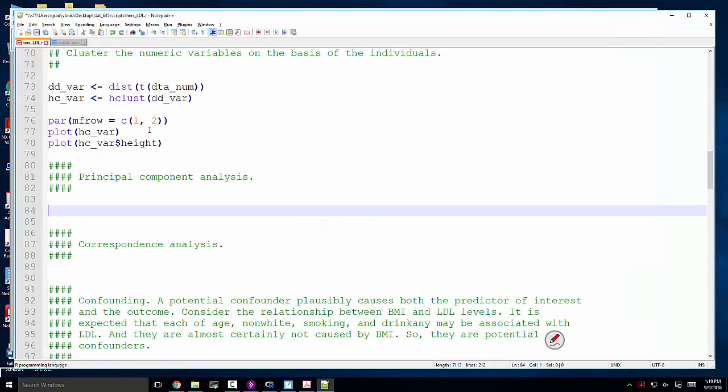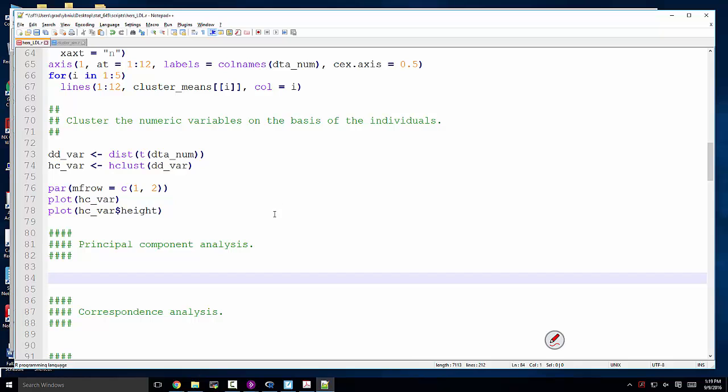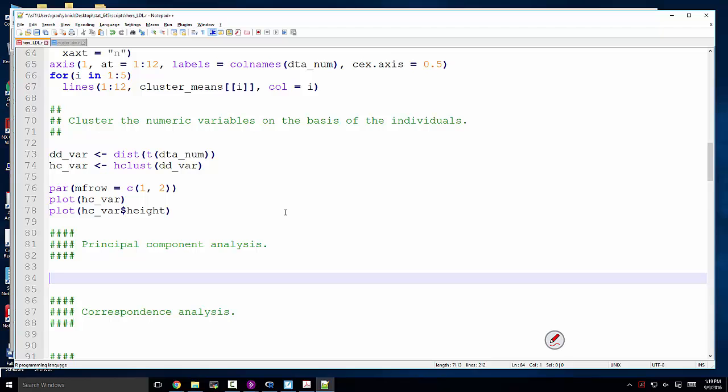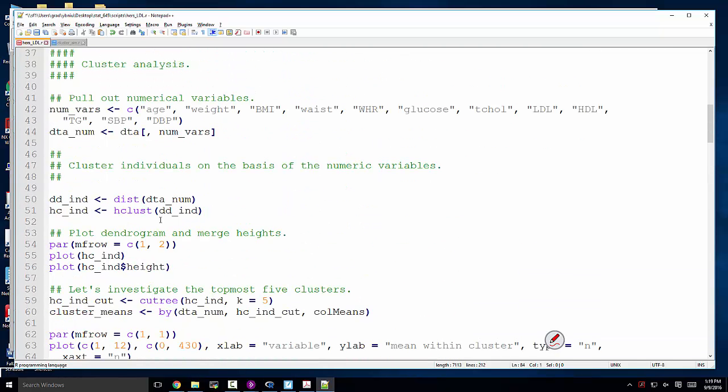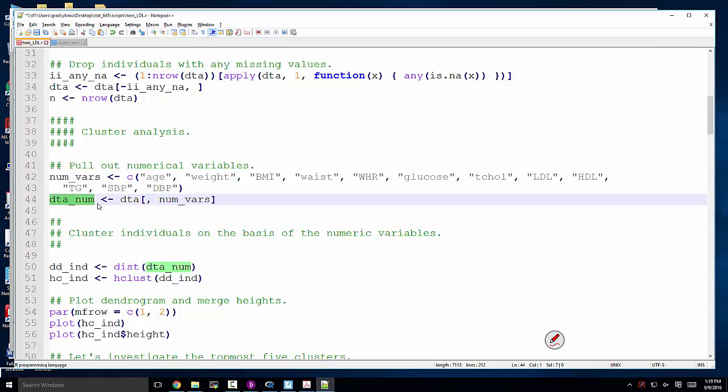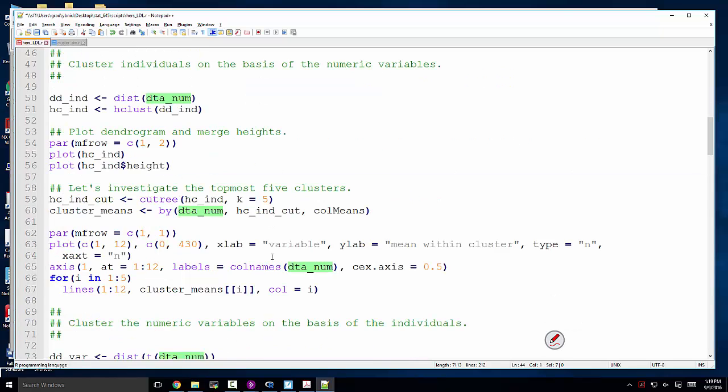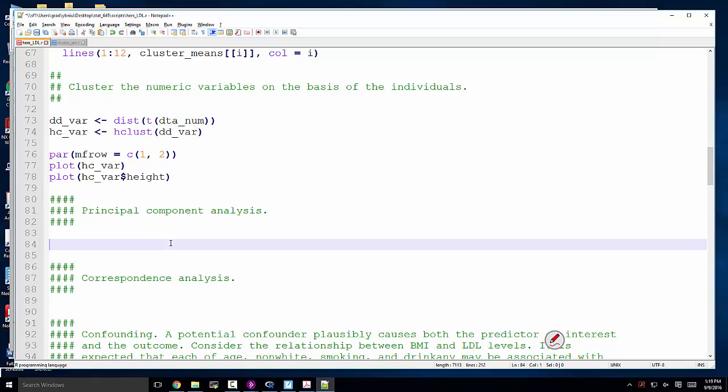Okay, so now let's do this. Back in the R script, we already have numeric variables. So data_num contains all our numeric variables, and we are going to compute principal component analysis.